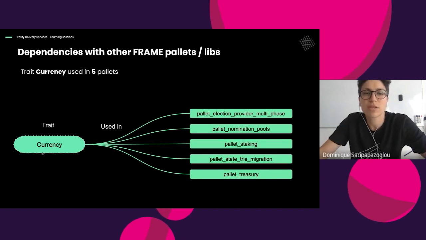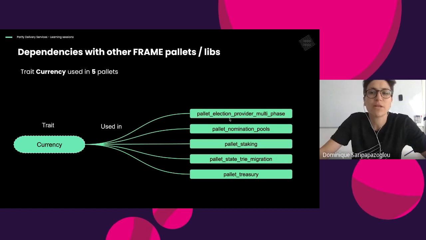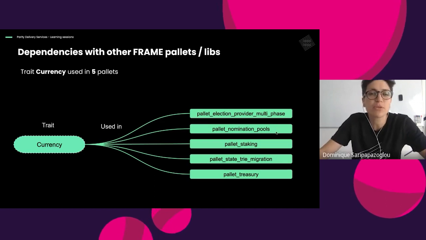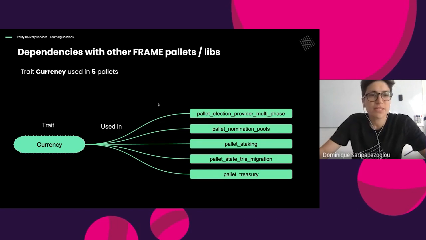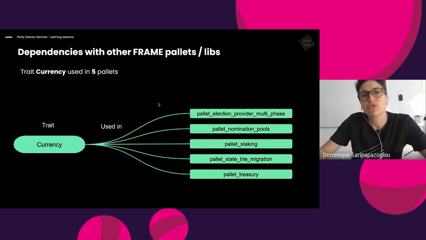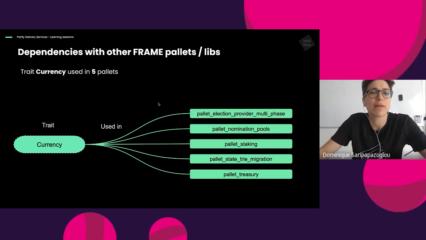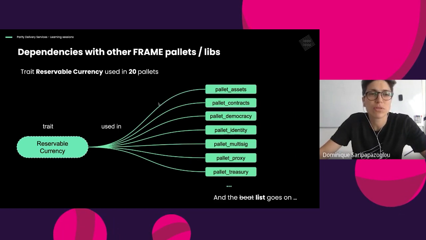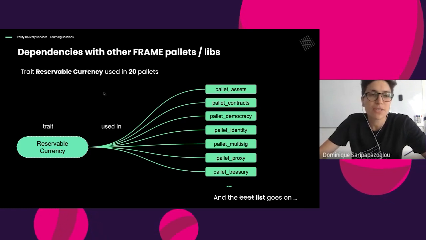The first trait, currency, is used in 5 pallets. Election, I just named it here. Election provided multi-phase, nomination pools, pallet staking, etc. I just named them and put them here to show each trait, in how many other pallets it is used. Reservable currency is used in 20 pallets.